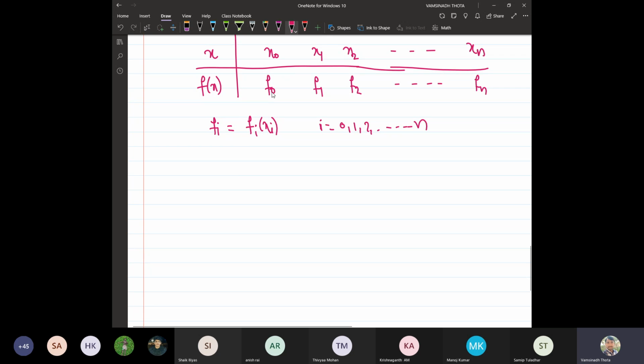Sorry, it is not fi at xi, it is f at xi. Now, since n plus 1 points are there, what is the degree of the polynomial? The degree of the polynomial should not exceed n, less than or equal to n, because of the given data.